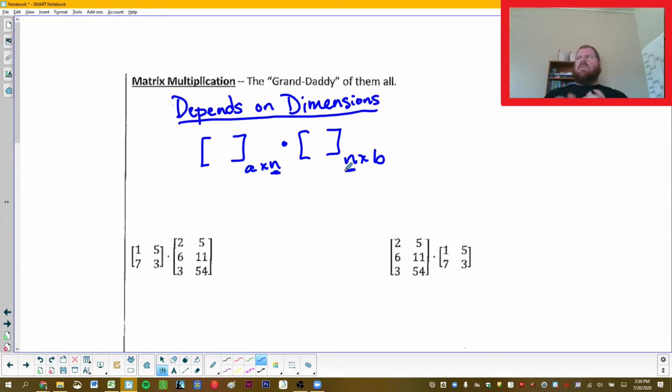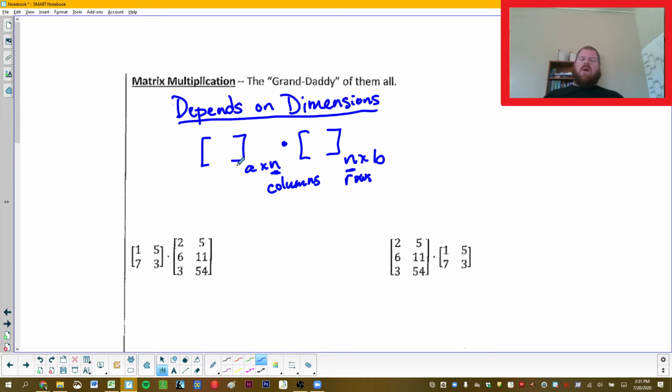So what that means is the number of columns in the first matrix must match the number of rows in the second. So this is columns, and this is rows.